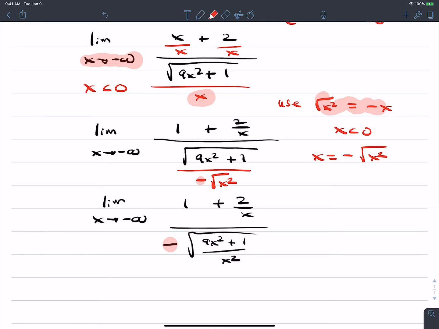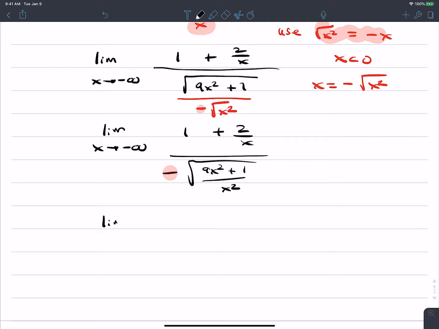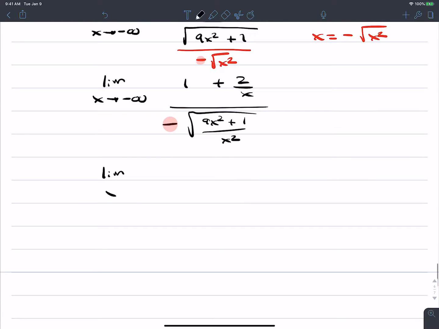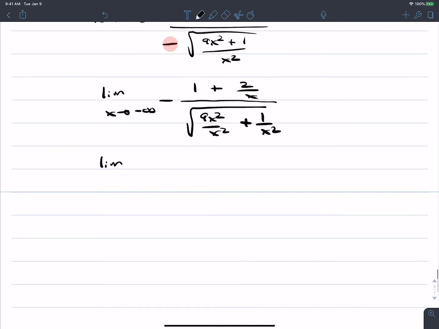And again, the square root of a quotient is the quotient of square roots. So you get now my limit as x goes to minus infinity, 1 plus 2 over x. I'm going to put the negative sign here. The square root again, now, yes, it'll be 9x squared over x squared plus 1 over x squared.